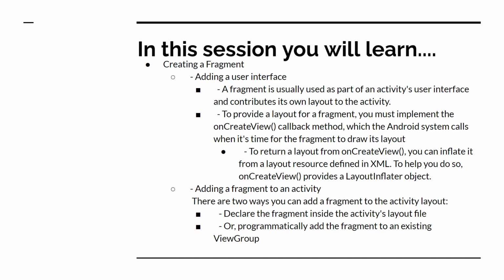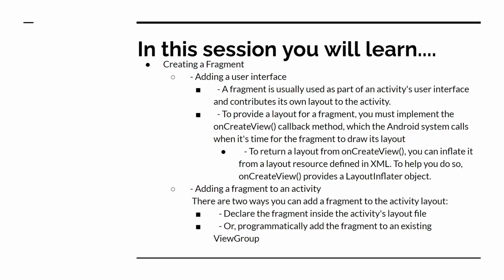We'll see about that. Then to provide a layout for a fragment, you must implement the onCreateView callback method. So usually in an activity you override the onCreate method, but for a fragment it's usually onCreateView where you design the user interface, where you render it.